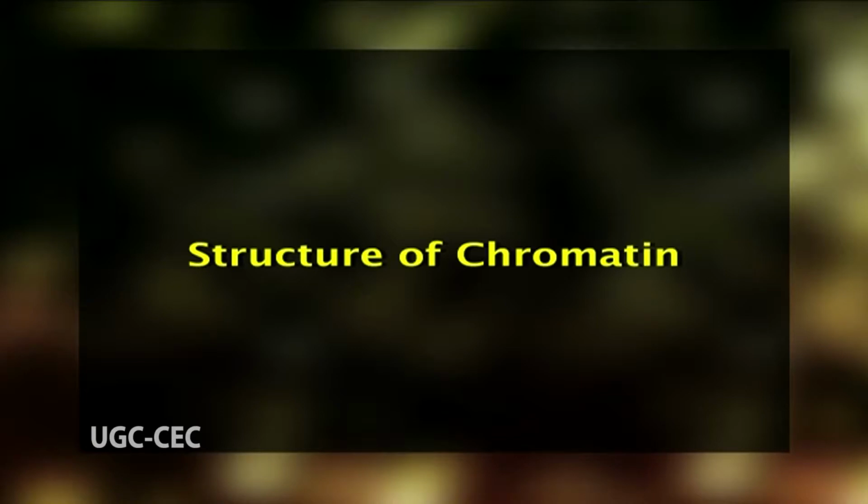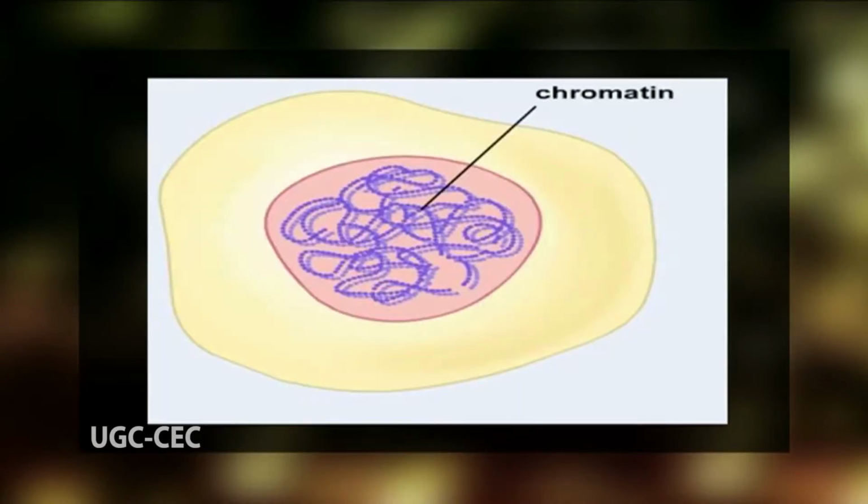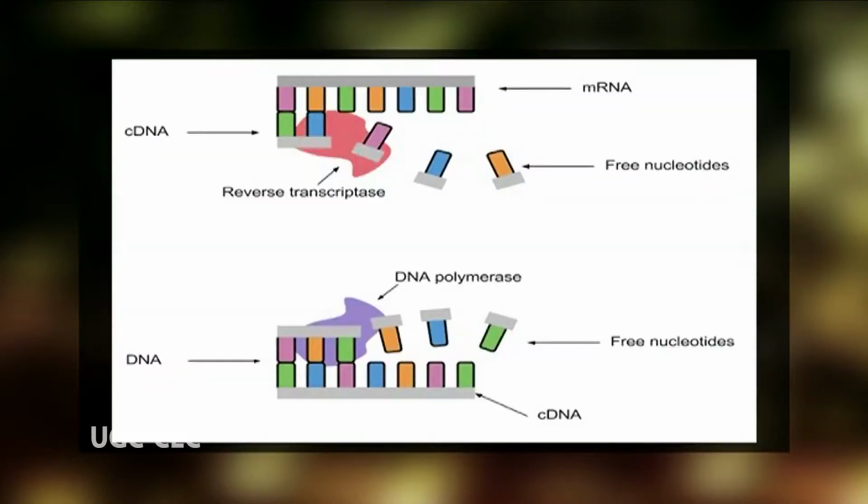Now coming to the structure of chromatin. In the early 1970s, it was found that when chromatin was treated with non-specific nucleases, most of the DNA was converted to fragments of approximately 200 base pairs in length.